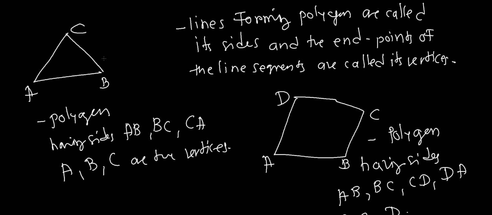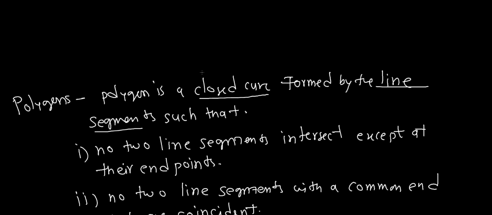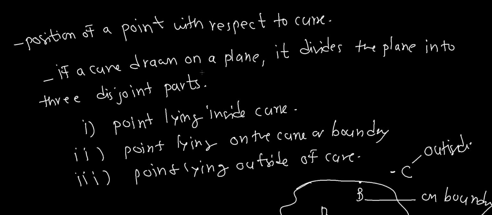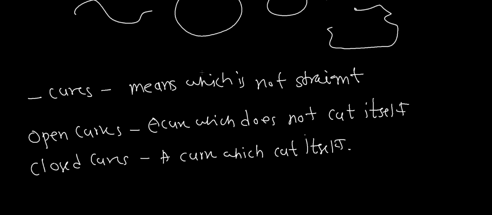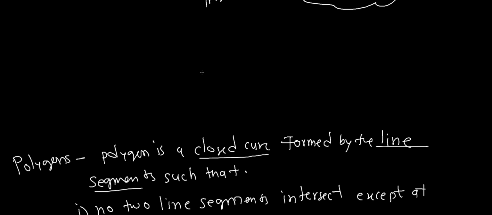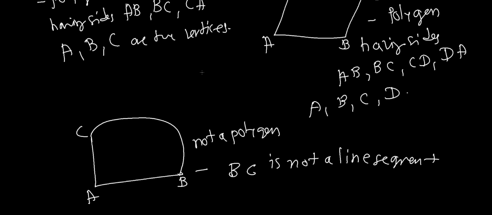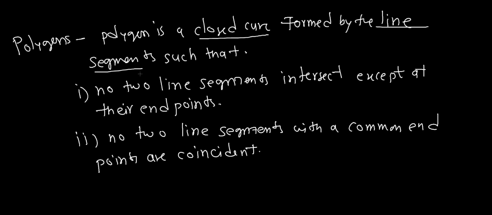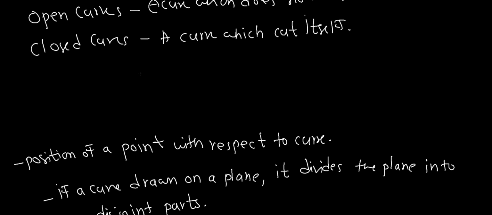Earlier we said a curve is something which is not straight, but that was the general observation.